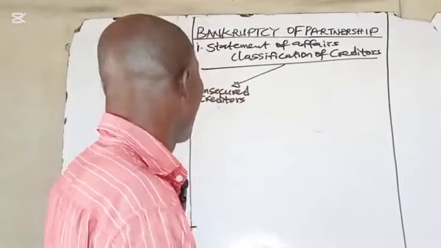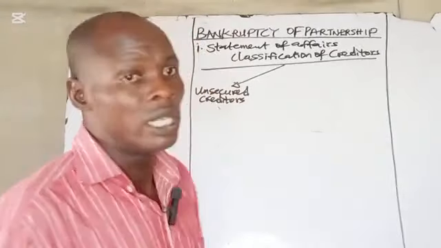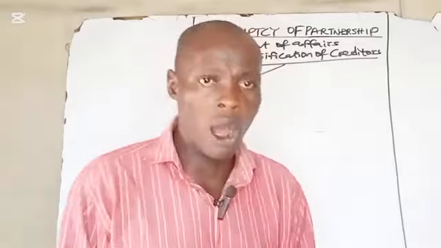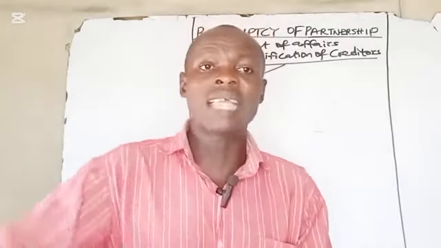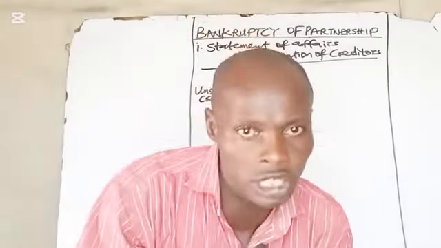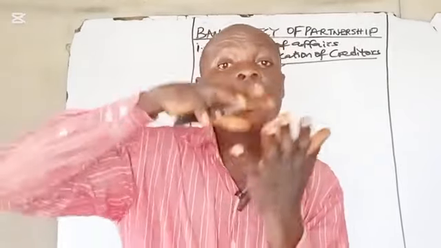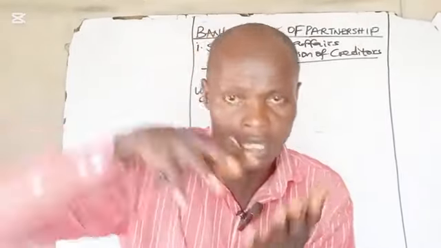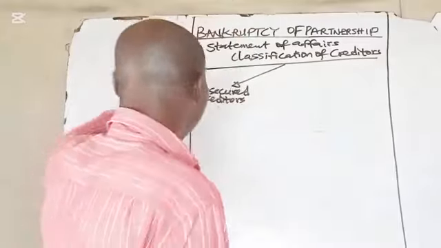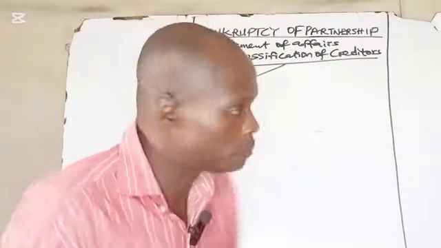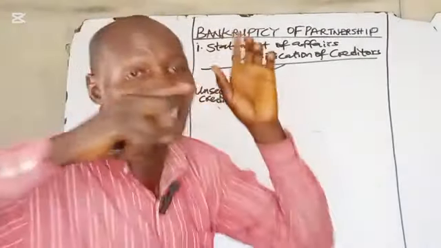Unsecured creditors are creditors or liabilities that are not pledged on any asset of the entity. They do not have collateral.